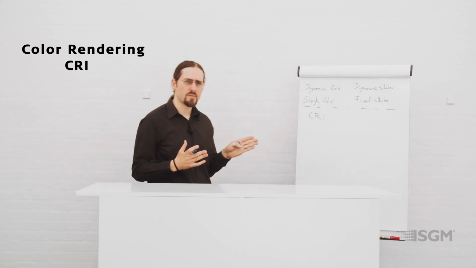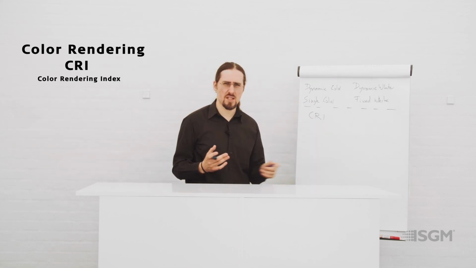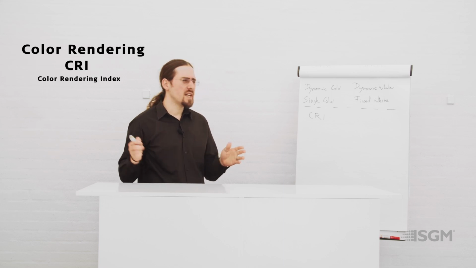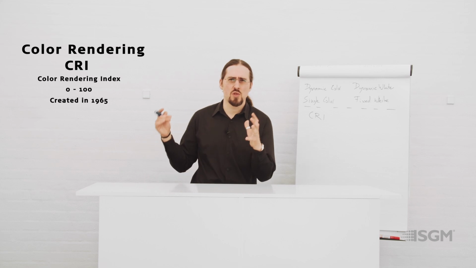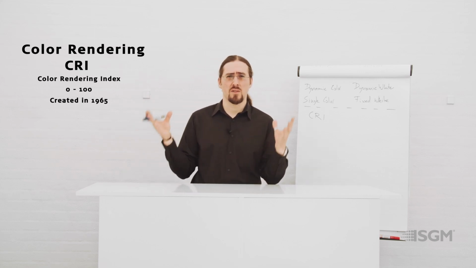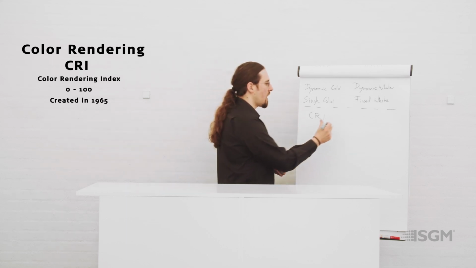So the CRI, which is color rendering index, is a scale from 0 to 100 to measure the quality of the light when reproducing colors. The CRI is based on 8 samples.